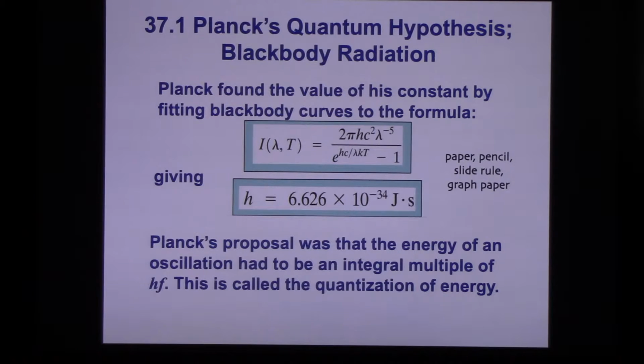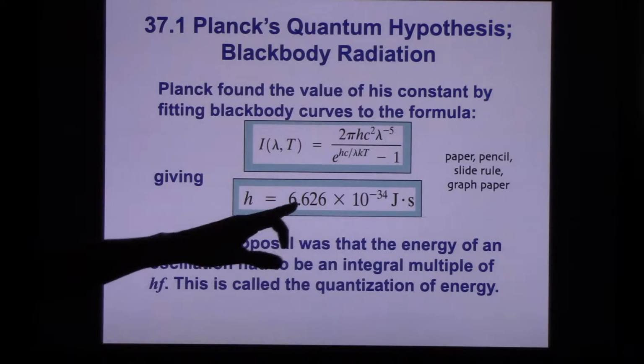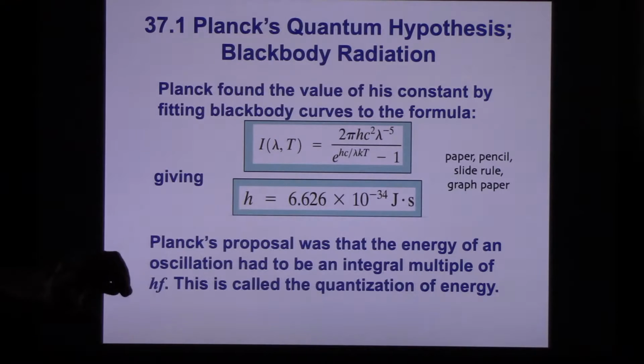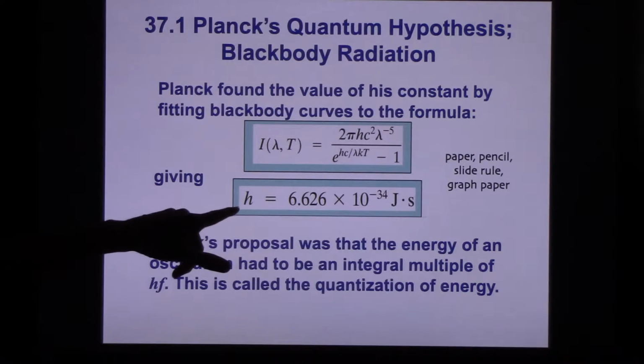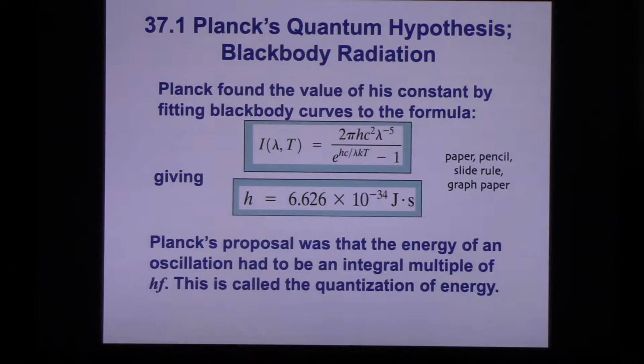When he did that, he was able to, I don't know at what level of precision at that time, but the current accepted value for Planck's constant is 6.626 something 10 to the minus 34 joules times seconds. This is considered to be the fundamental constant of quantum mechanics.